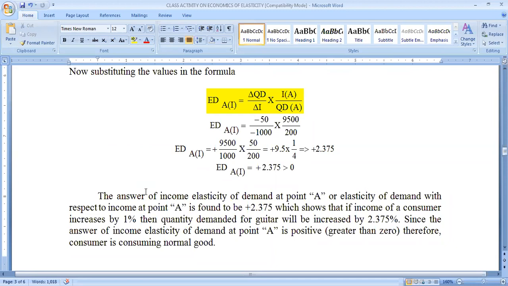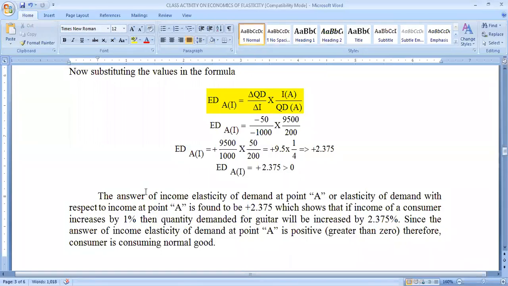In that case, the good is said to be inferior. There is a special class of inferior good, which is Giffen good. We will distinguish between inferior and Giffen good by looking at price elasticity. For Giffen good, the price elasticity of demand is always positive, but for inferior goods, it is always negative, right?